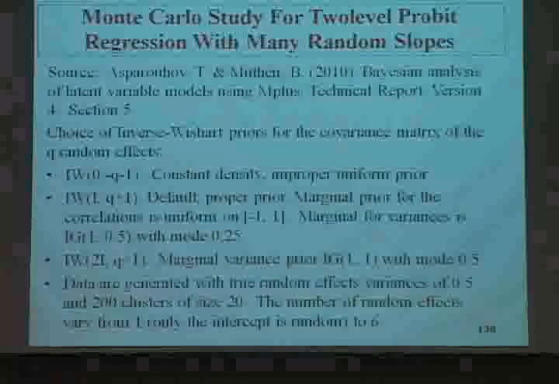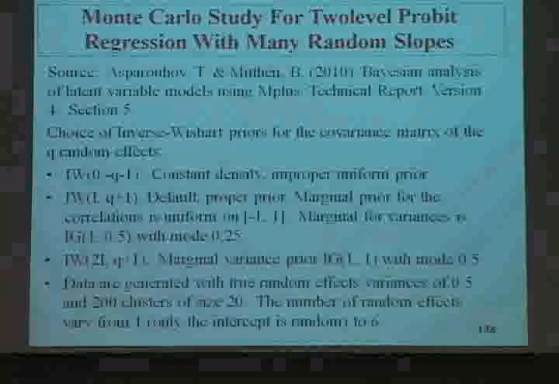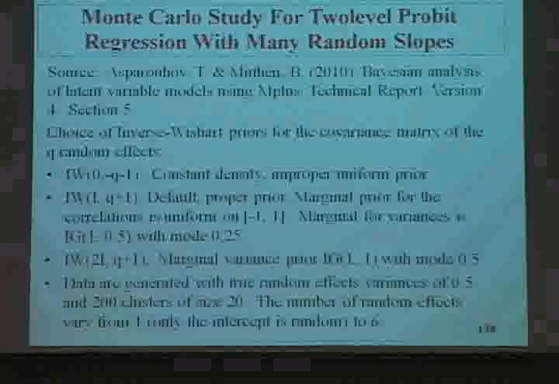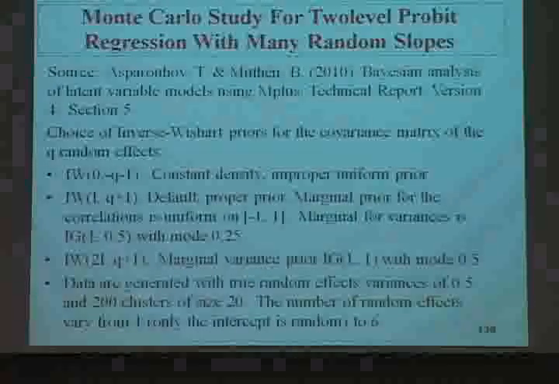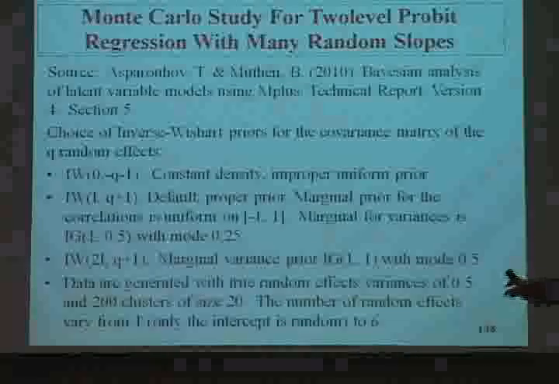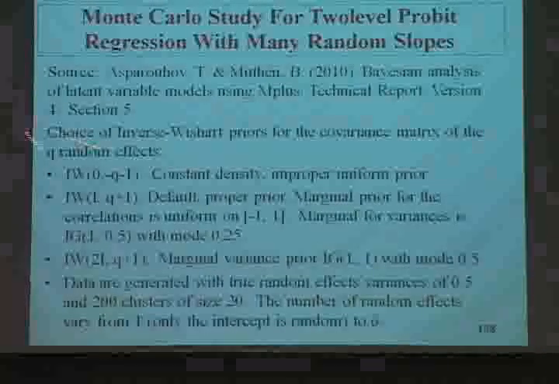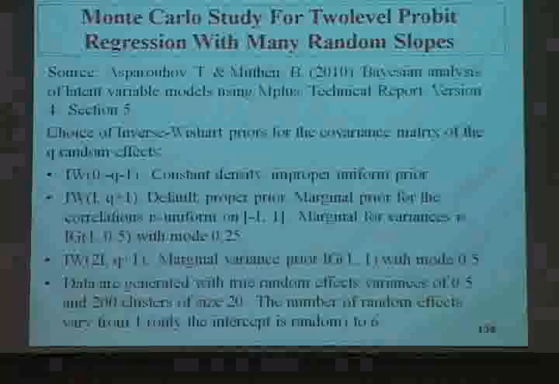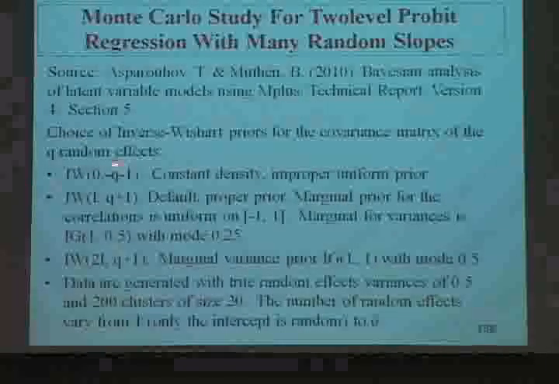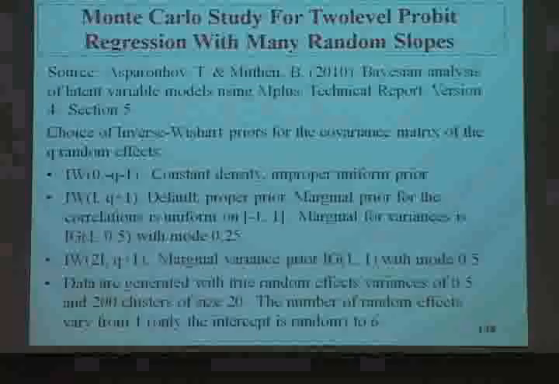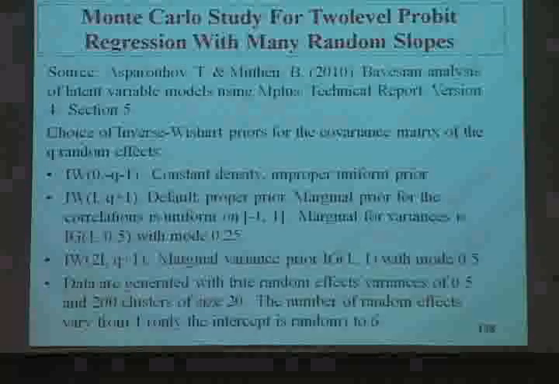It has a density of 1 on the entire space of definition. If you have an intercept and you want to put an uninformative prior from minus infinity to plus infinity, you put normal 0, infinity. And this is the equivalent for variance-covariance matrices: it's completely uninformative. It has a constant density. All the values are equally likely.